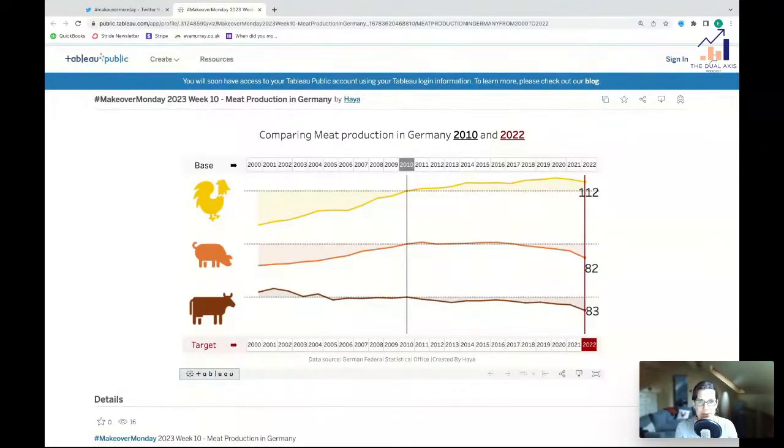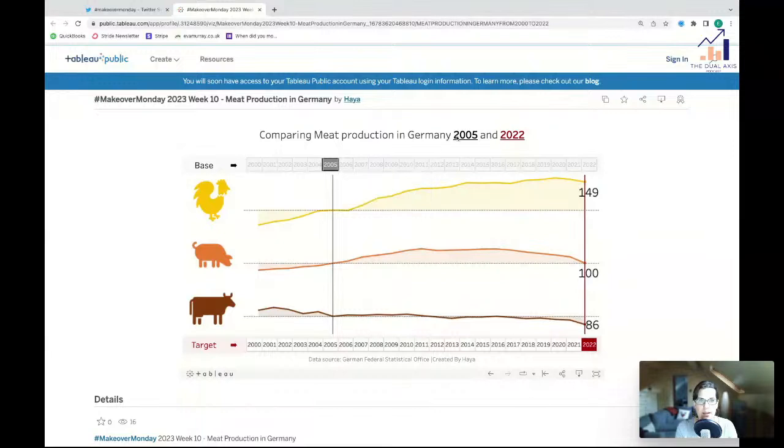So cool. So higher, comparing meat production in Germany 2010 and 2022. I guess, is that the dynamic title? Okay. I would put in there between and then the first number and the second number. Okay, so I have the base year. Then we have poultry. In addition to the icon, it's kind of self-explanatory, but I would annotate it because poultry probably includes things other than chicken.